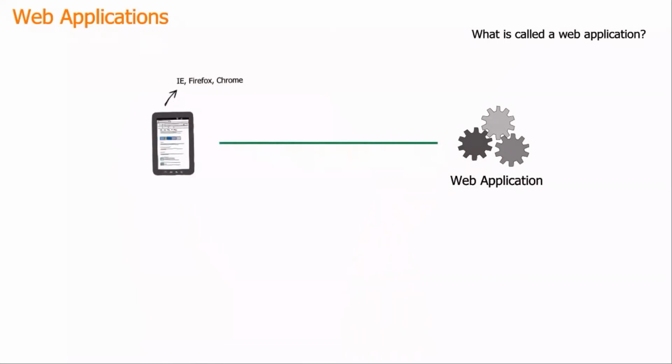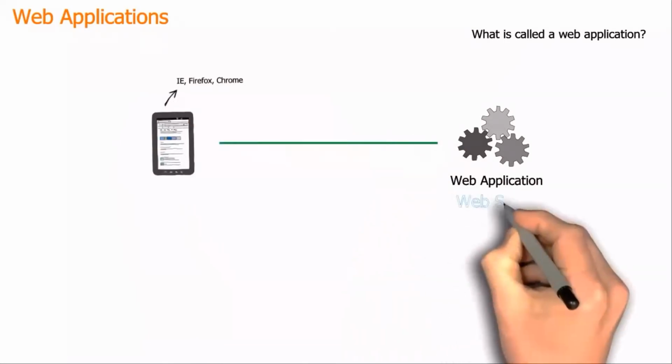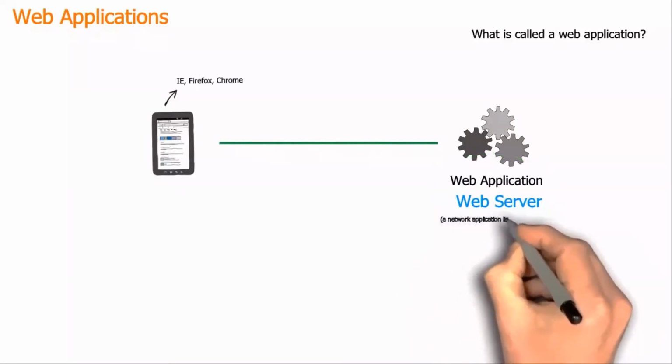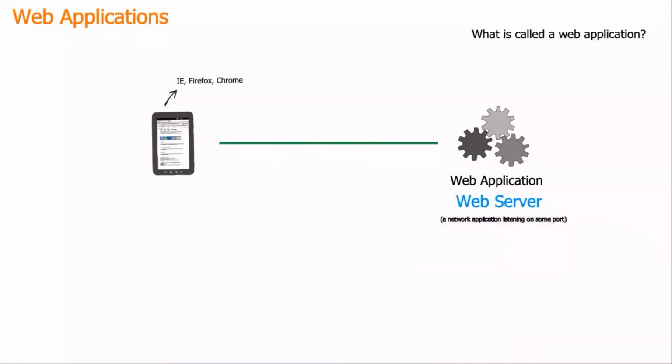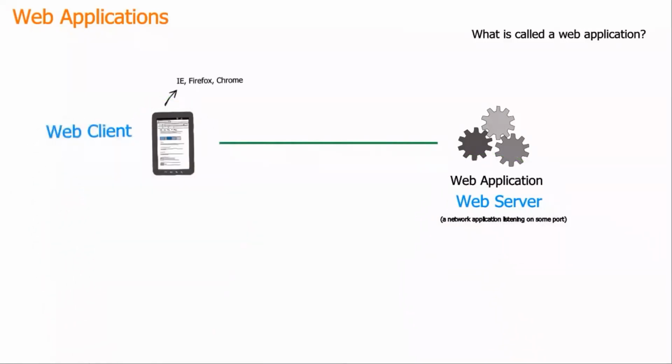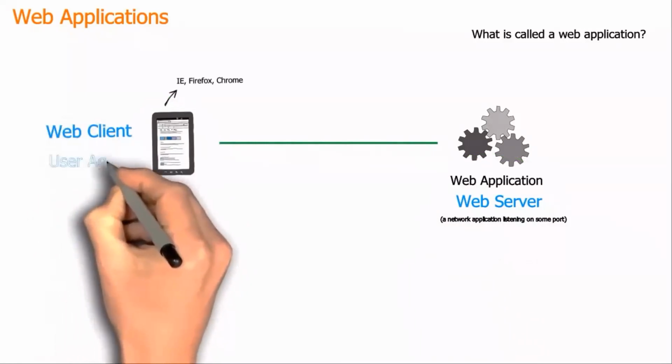Technically speaking, we can call a web application a web server, although there is a difference in the sense that a web server can host multiple web applications. But for the time being, let's call a web application a web server. And a web server is actually a network application running on some machine listening on a port. The browser is actually called a web client, or more formally, a user agent.